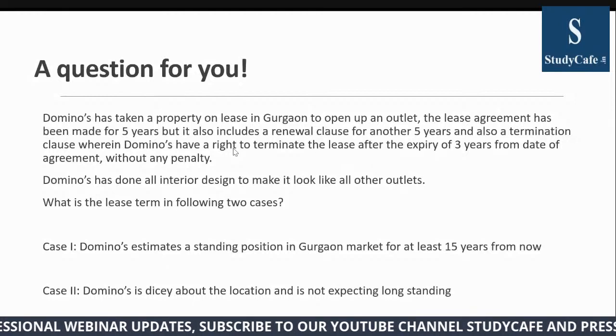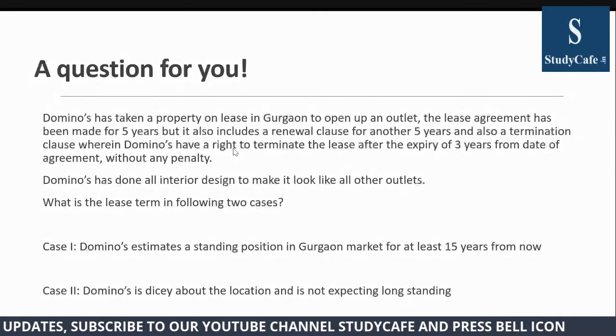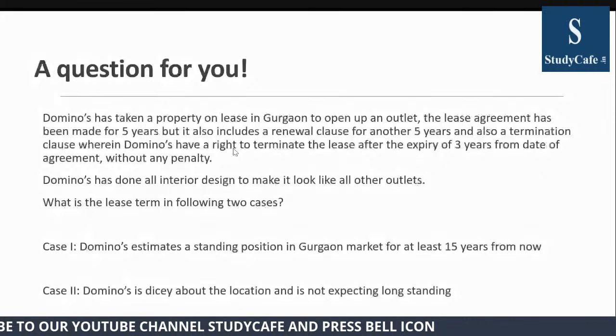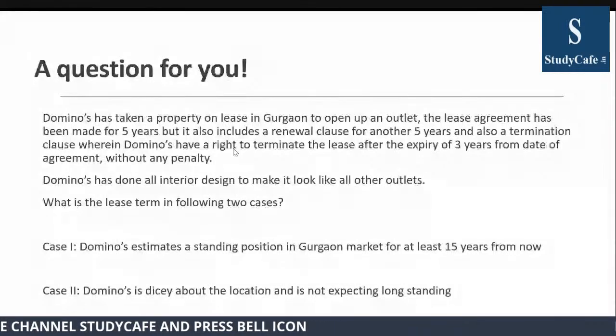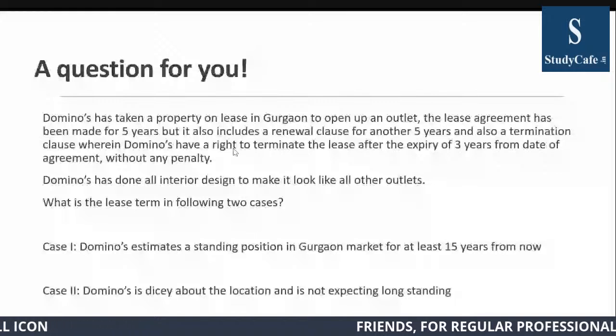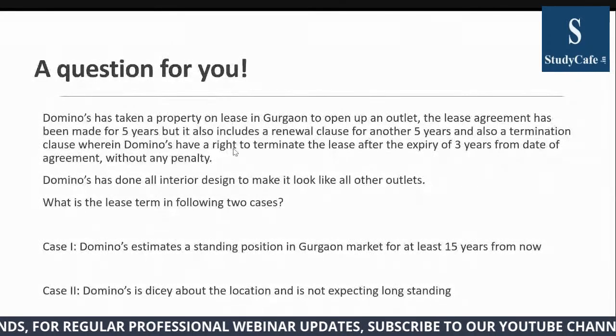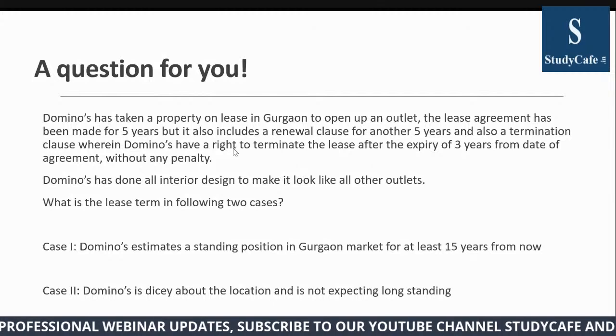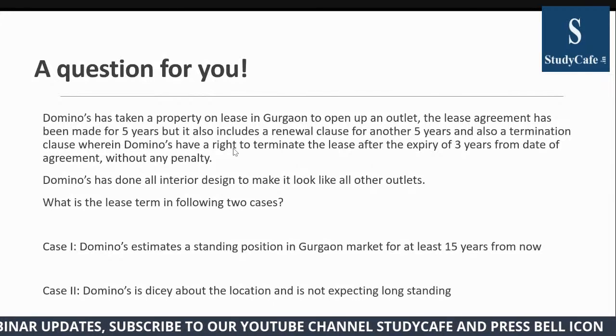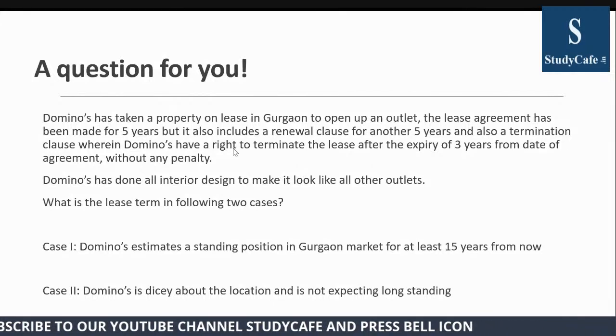In two cases. Case one, when Domino's estimates a standing position in Gurgaon market for at least 15 years from now. So the case is, Domino's has taken a property on lease in Gurgaon to open up an outlet. They have incurred all the interior designing costs on the outlet. The lease agreement was initially made for 5 years.